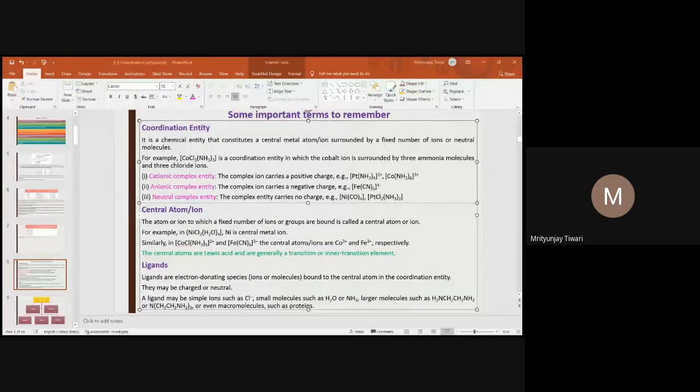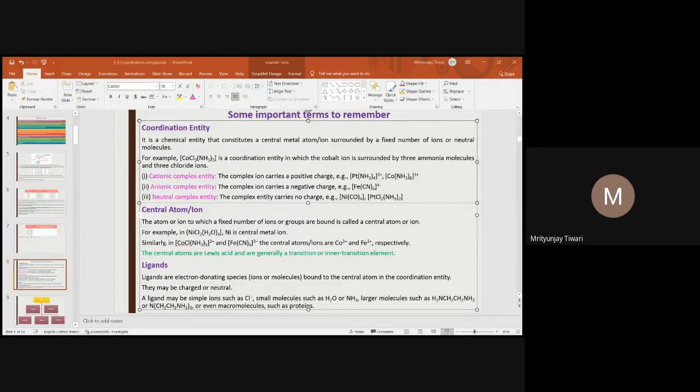If the molecule is electrically neutral, it must have at least one lone pair of electrons, or it can have more than one lone pair. So they may be charged or electrically neutral, which is why a ligand can be an ion or a molecule, and it is bound to the central atom in the coordination entity.